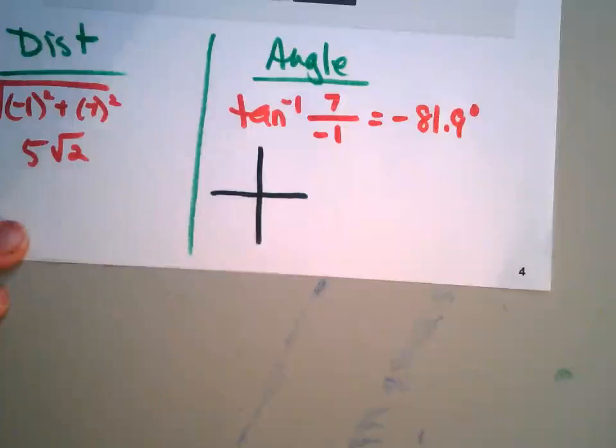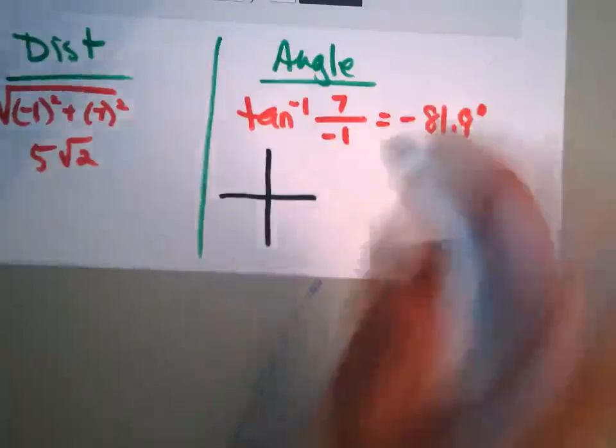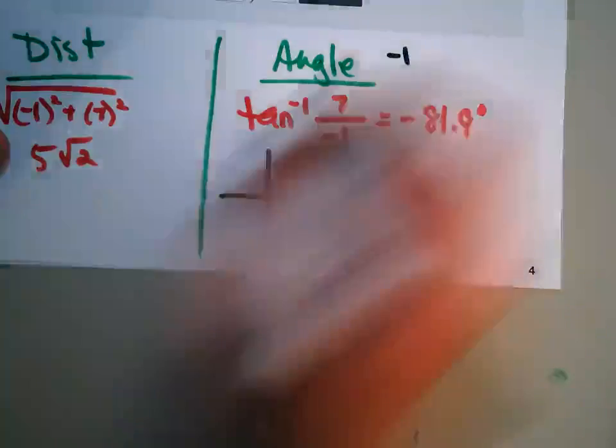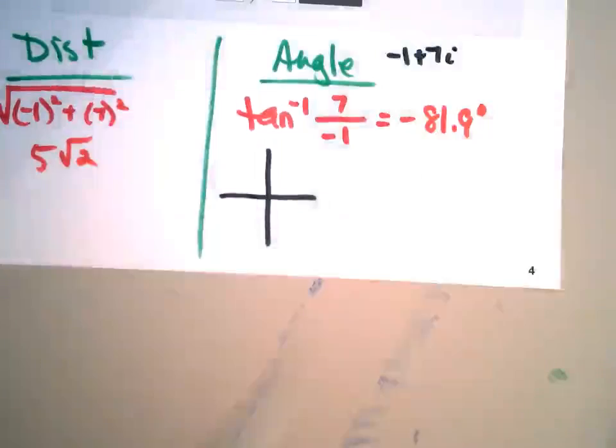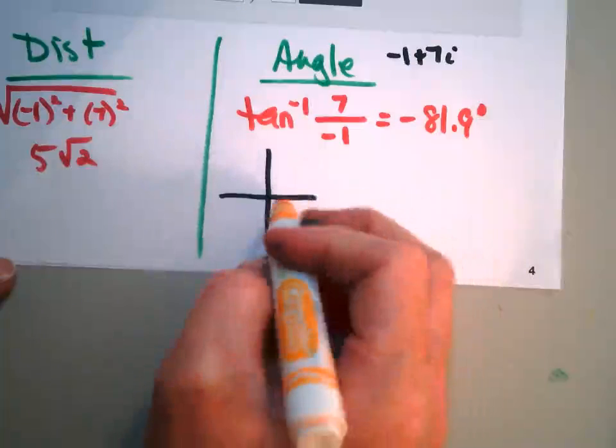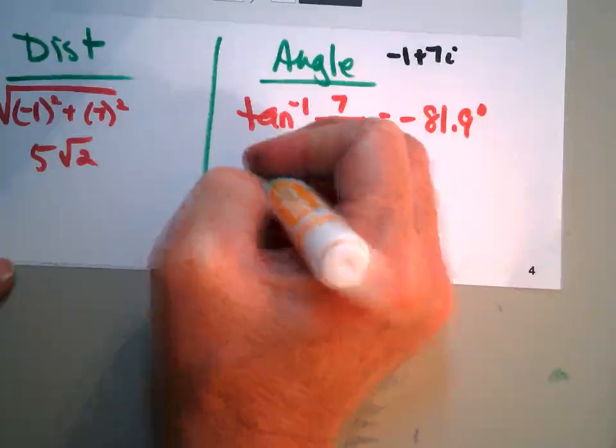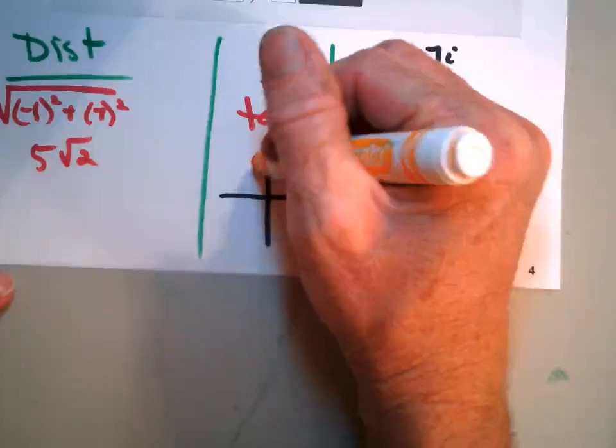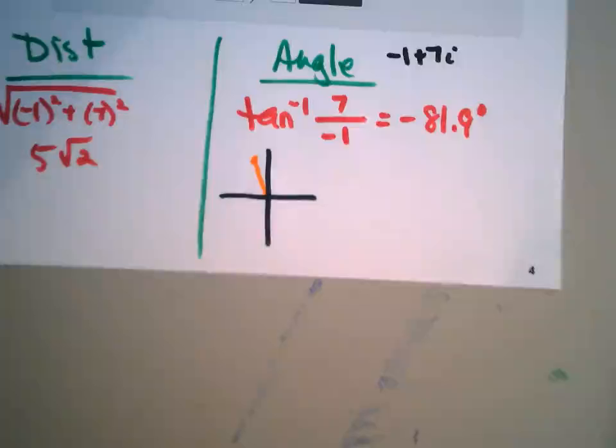If we plot this, the number again is -1 plus 7i. We're going to go left 1, up 7, so it's over here in the second quadrant.